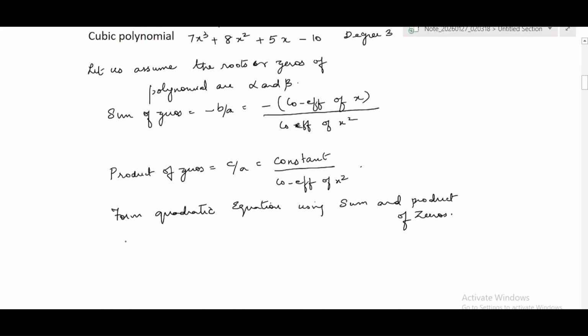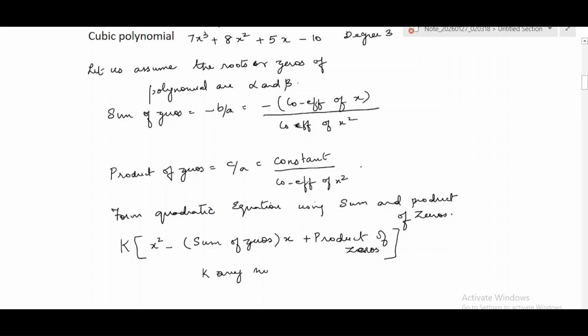So that will be k into x squared minus sum of zeros times x plus product of zeros, and here k refers to any non-zero real number.